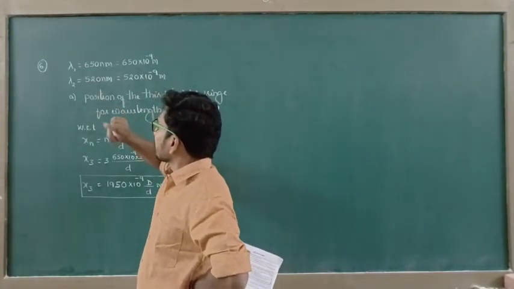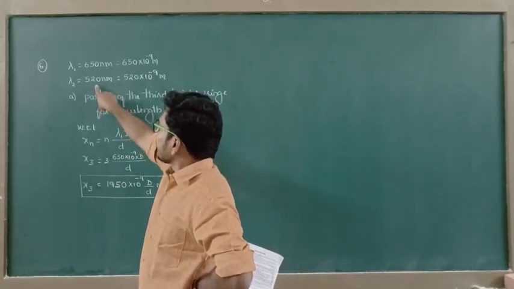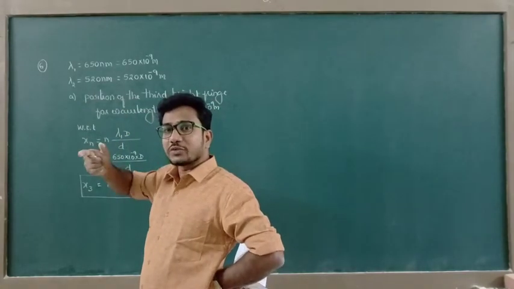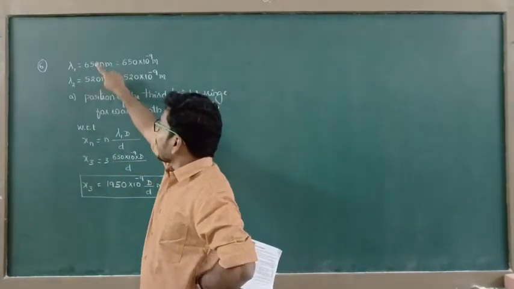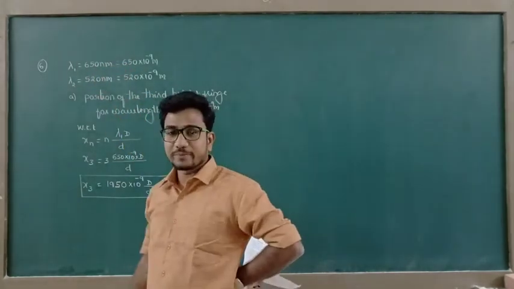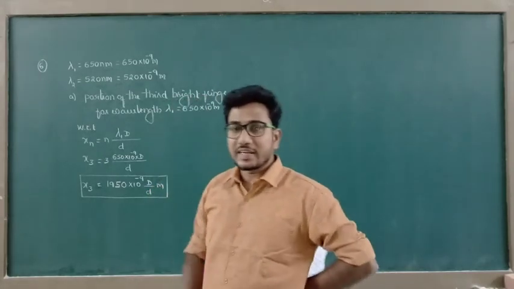Therefore, I am going to say the nth fringe of this 520 nanometer coincides with the n minus 1th bright fringe of 650 nanometer. We can consider it like that.